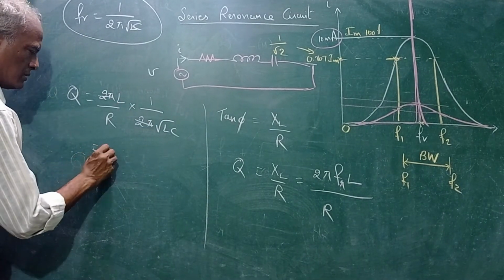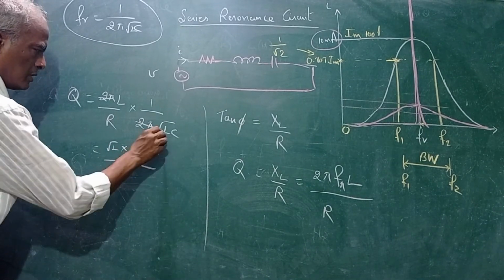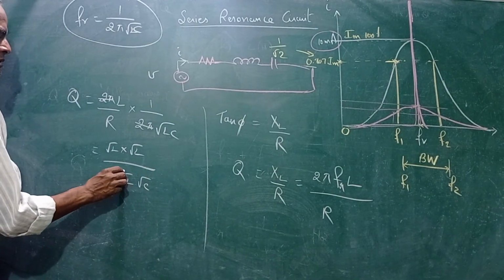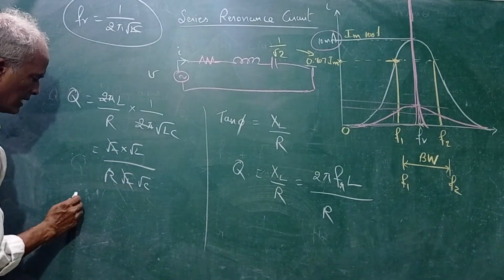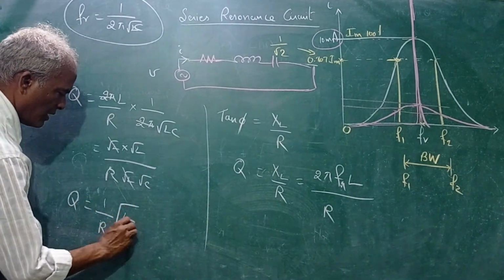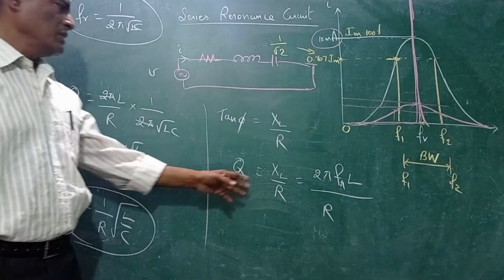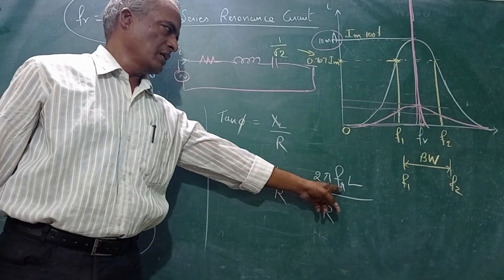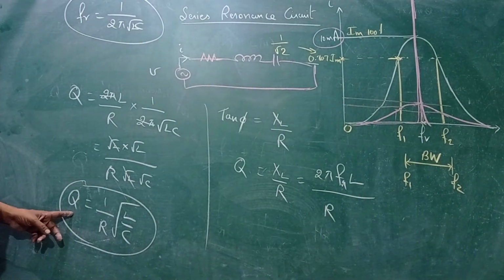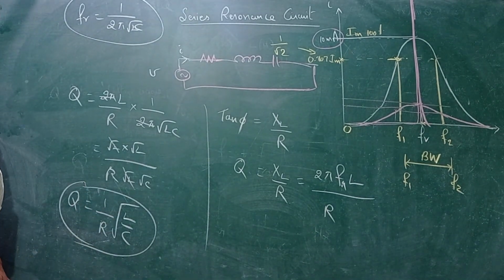L can be written as root L into root L, divided by R into root L into root C. So this root L gets cancelled. So Q is equal to 1 by R square root of L by C. So which is easier? Either you can apply this formula, where you have to find the FR, then multiply by L and divide by R. But this is a very easy formula to remember. If you know the value of R, L and C, you can always find the quality factor of the circuit.